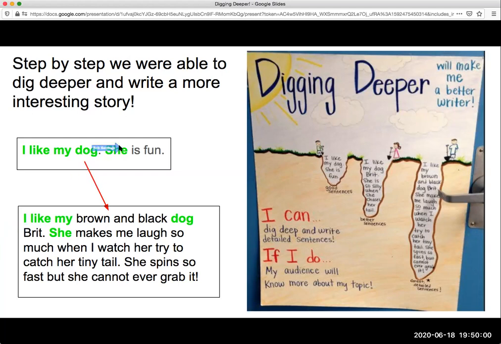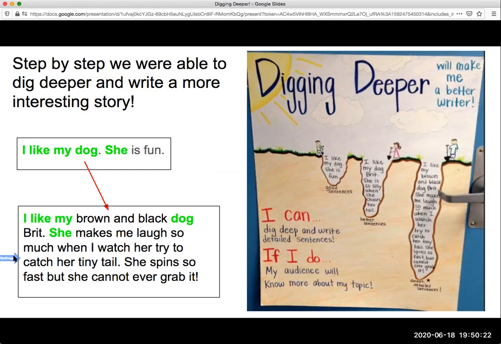And you don't have to keep all the words. Fun was one of the two most important ideas in the original sentences. I like my dog, she's fun. But fun is not in this second reading and writing at all.